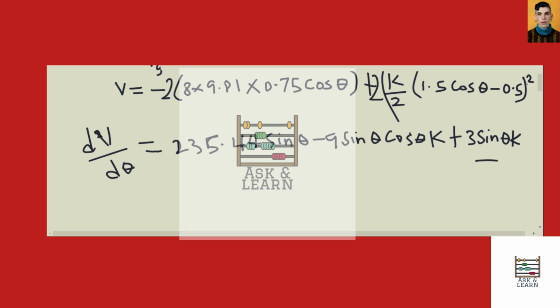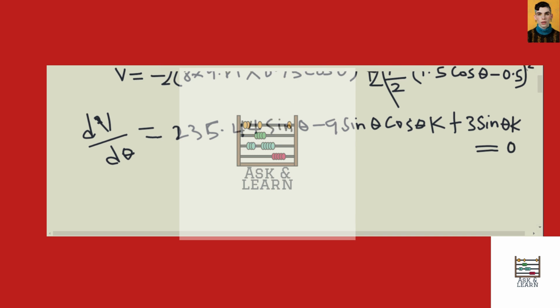Of course we equate it to 0 as we said for the equilibrium position. So plugging in theta to be 60 degrees, we arrive at k equal to 156.96 Newton per meter.